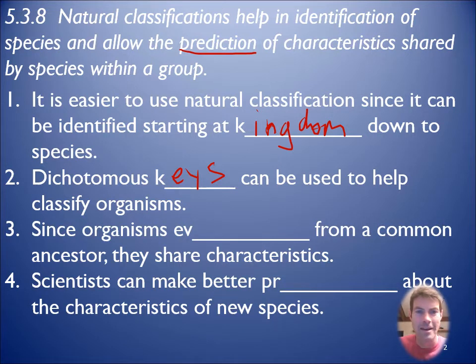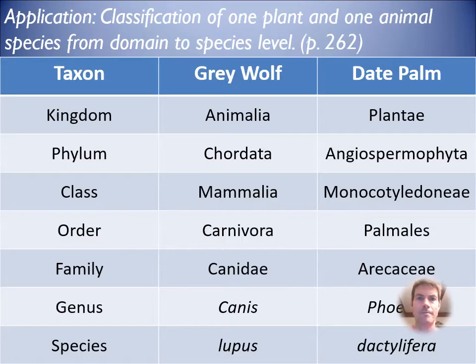Fun lab or activity. And since everything evolves from a common ancestor, they tend to share characteristics like we share with primates. Our binocular vision, color vision, opposable thumbs, among others. And we can make predictions about new species.